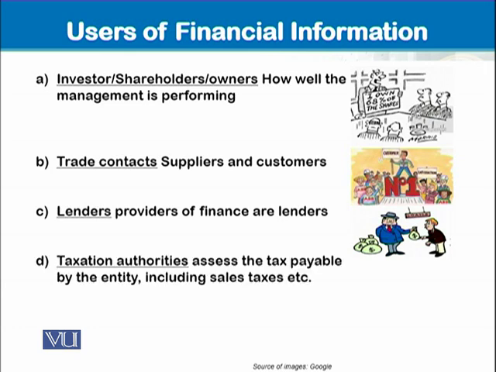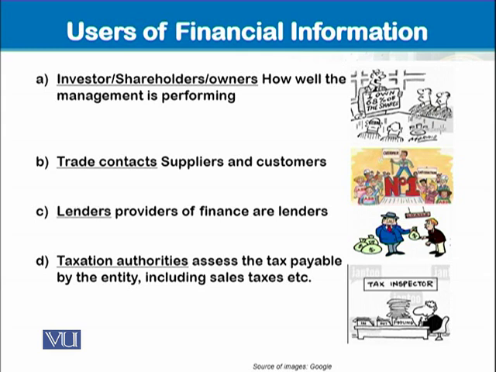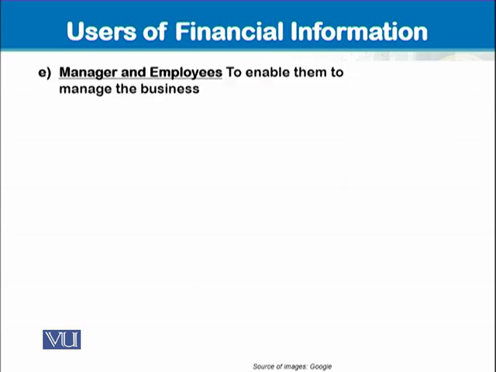Then come government authorities or taxation authorities. They want to know that the entity or the business would be able to pay taxes on its profits, and they would also be interested to know the size of sales and revenue on which certain taxes are imposed. Then managers and employees of the entity also want to know how the business is to be managed.